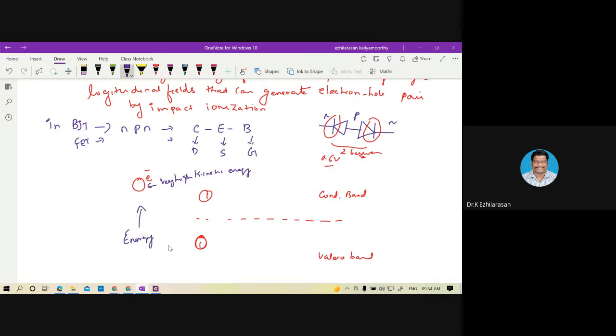So automatically, if it is very high kinetic energy, the high energy electron will transfer its energy to one electron in the valence band, promoting it to the conduction band. At this time, holes will be created in the valence band due to the absence of electrons. So that is what impact ionization is.